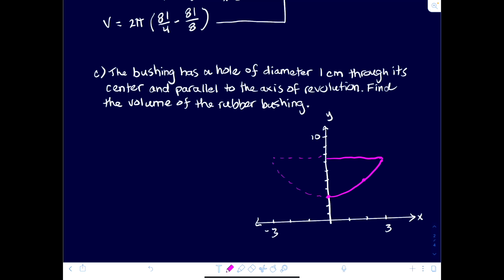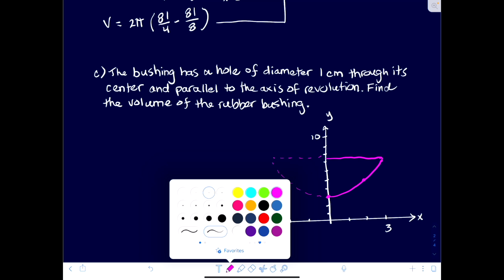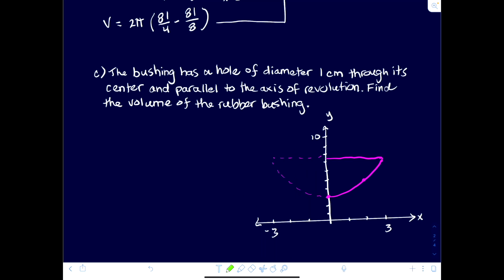And so we want a hole that has a diameter of 1. And so do you see that you have to start x at 1/2? That would be 1/2 right here, because when it is rotated, you would have a hole like this. The measure here would have a diameter of 1.